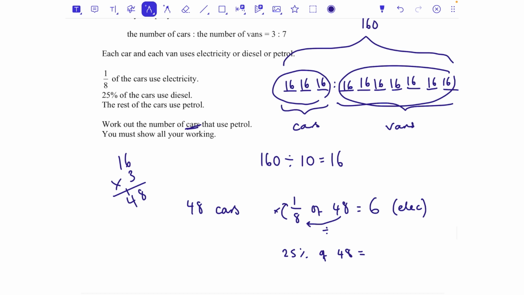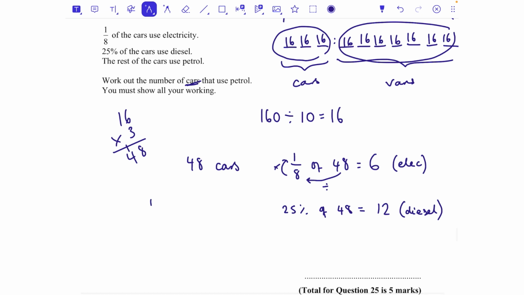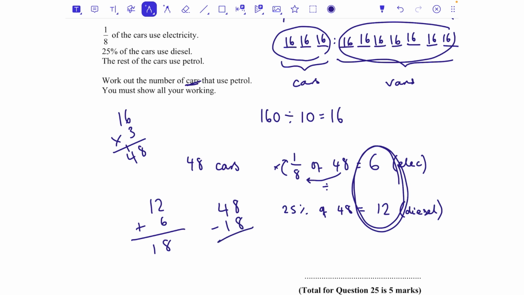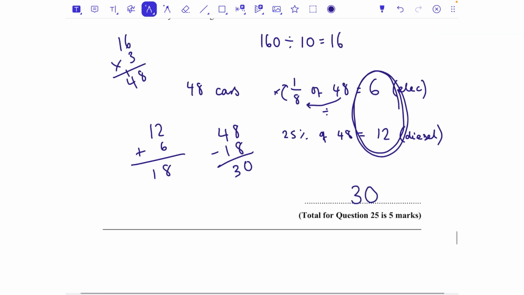So we're going to half it and half it again, or divide it by 4, and that is 12. So 12 use diesel, and the rest of the cars use petrol. So I've got 12 add 6, which is 18. 18 cars that we've worked out use electric or diesel. So the rest of them, 48 take away 18 is 30. So there are 30 cars that use petrol, and that would be your answer there. And that was 5 marks for that one.